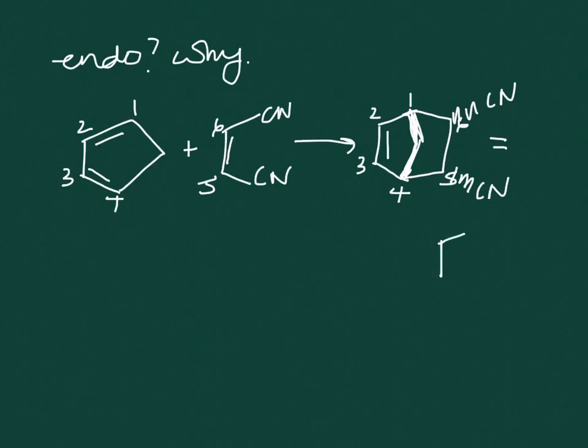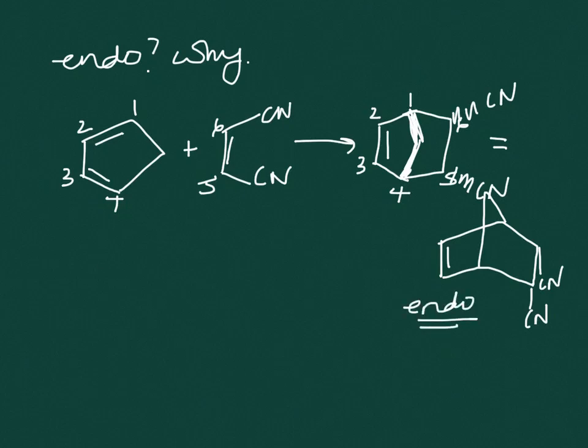This will equal this. If we were to make the exo product, so this is endo, the exo product would look like this. Again, we have our cyclohexene base.